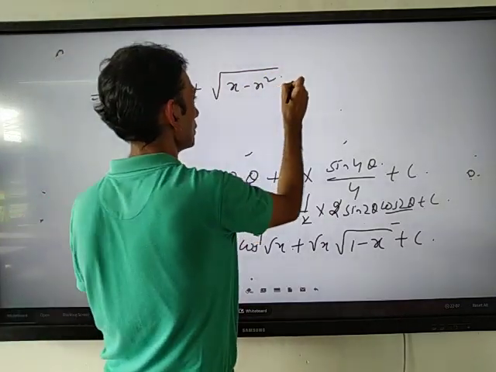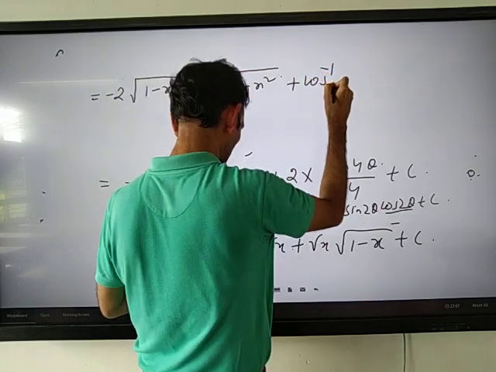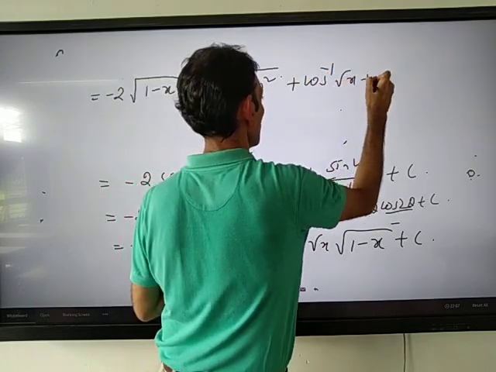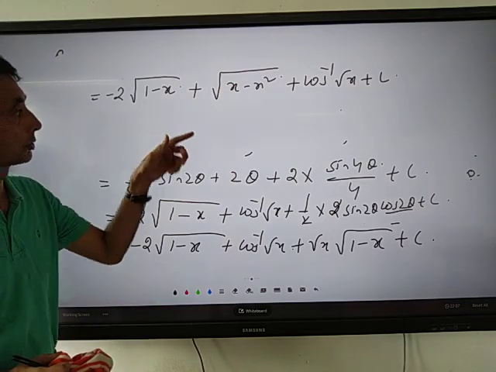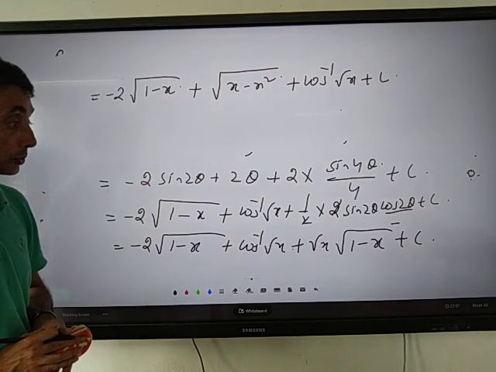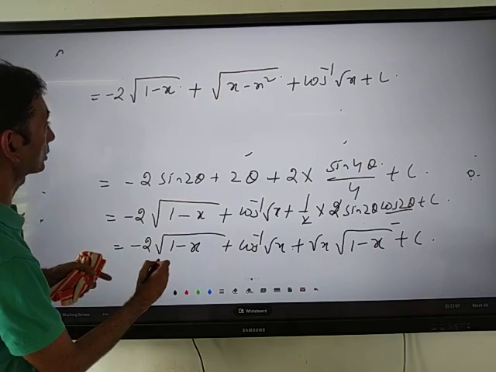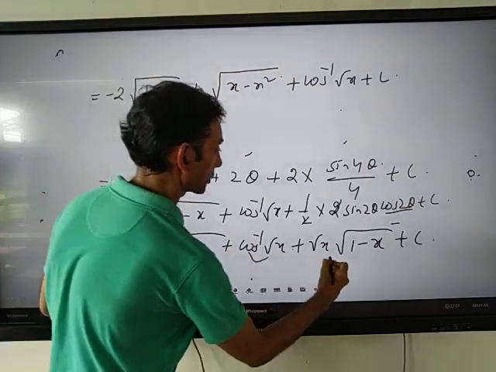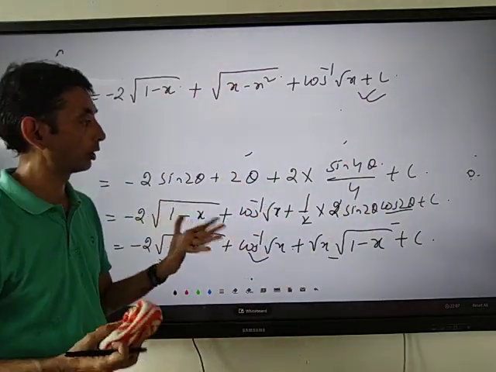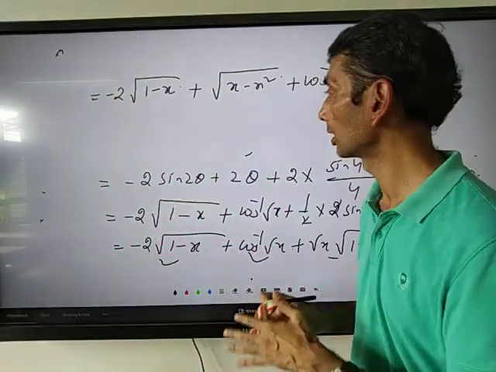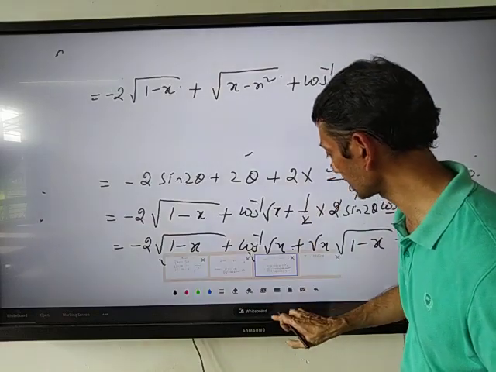And plus cos inverse root x plus c. So it's minus 2 under root 1 minus x plus under root x minus x square plus cos inverse root x. Okay, this is 1, 2, 3, and plus c. It's done. So this is also a very important question in that particular exercise.